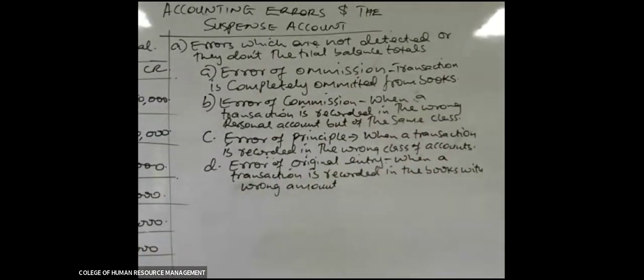You record the transaction, both debiting and crediting, with the wrong amount. The same wrong amount is what you have used to debit and credit.